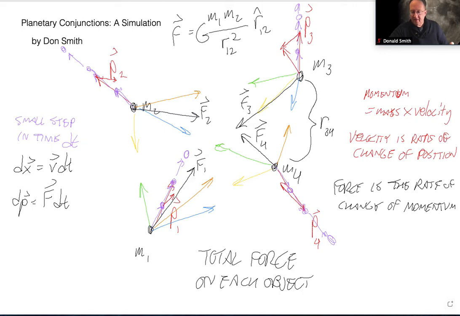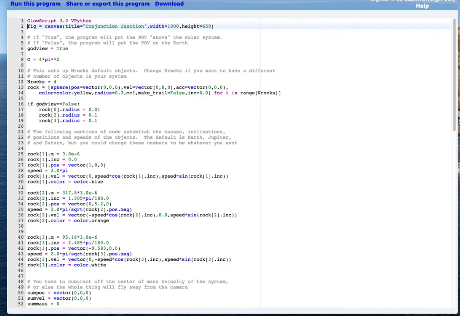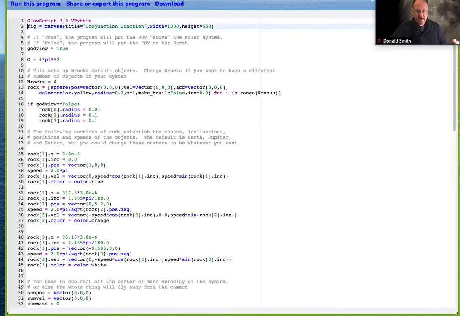So let's go to the simulation. And I believe you can see that now, but I want to be able to write on it. So let me do that. Okay.